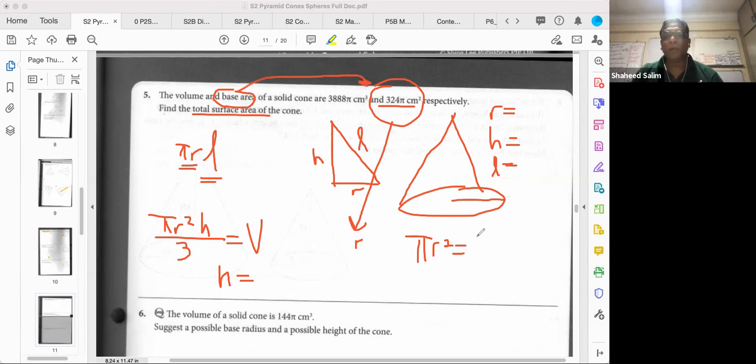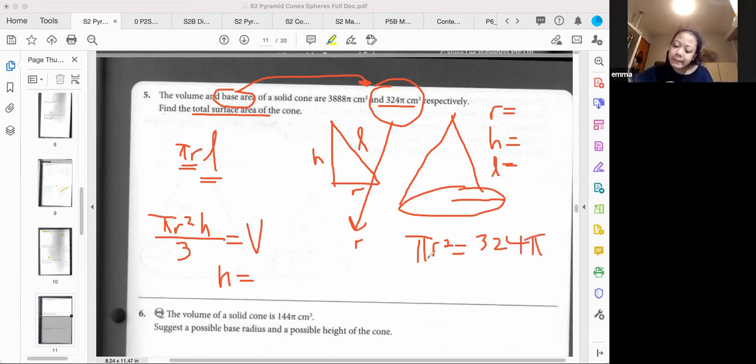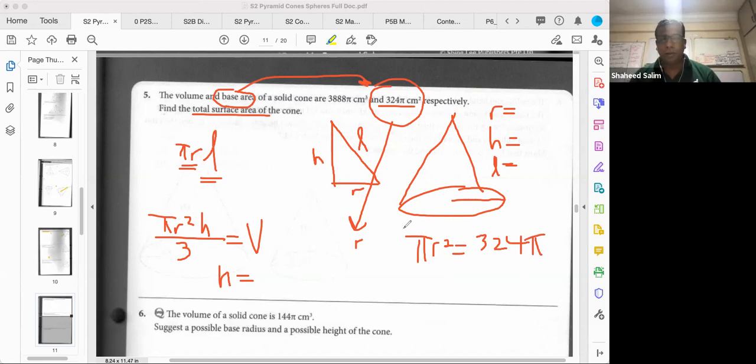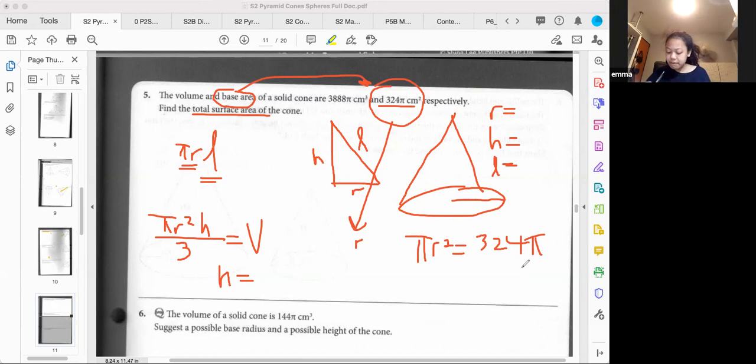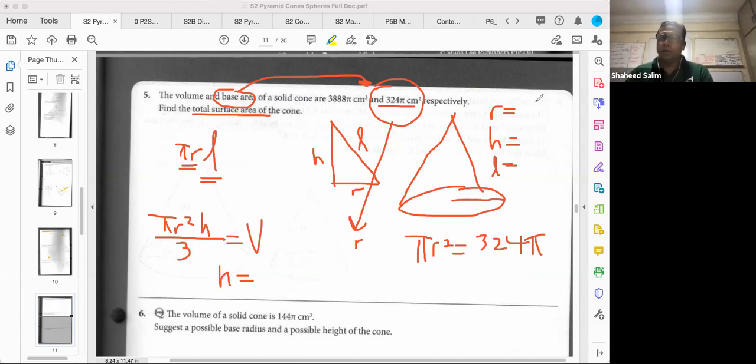So we write 324 pi. Now, if you see the pi down here, you can cancel. You know that you can cancel. Now you cancel, then you get R squared equals to 324. Find out what is R. 18. 18, good. R is 18.